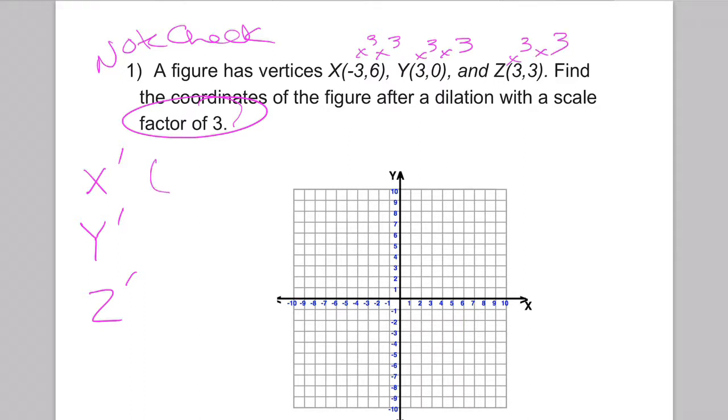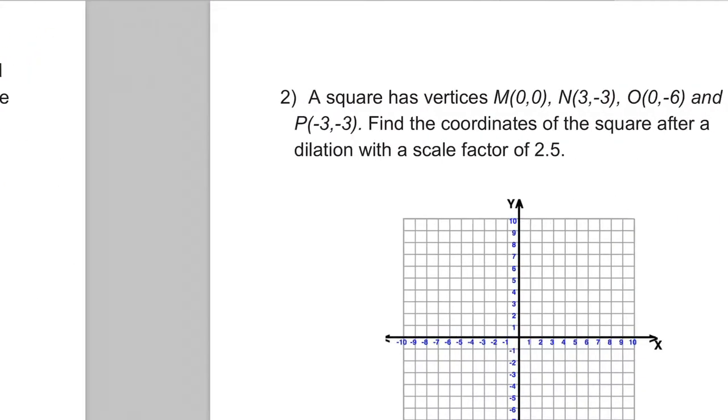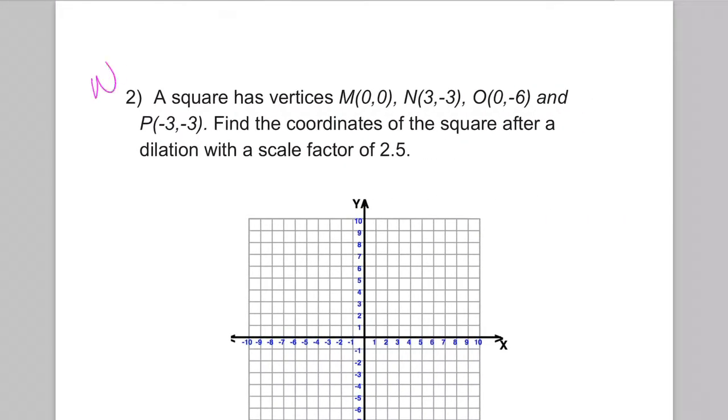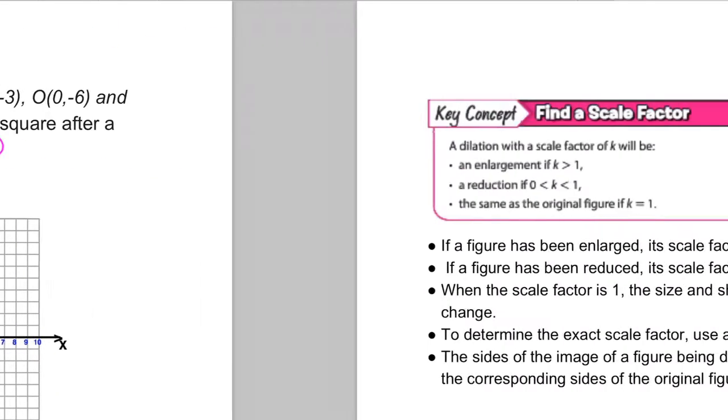And then list your new coordinates, show your original and your new on the graph. And then this is also a note check. This time you're using a scale factor of 2.5.